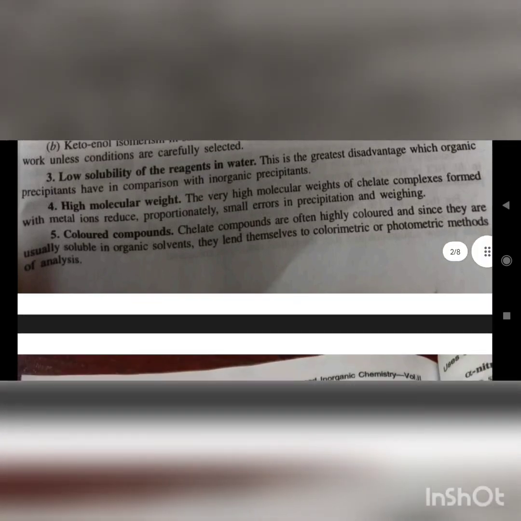High molecular weight. The very high molecular weights of chelate complexes formed with metal ions reduce proportionately small errors in precipitation and weighing.